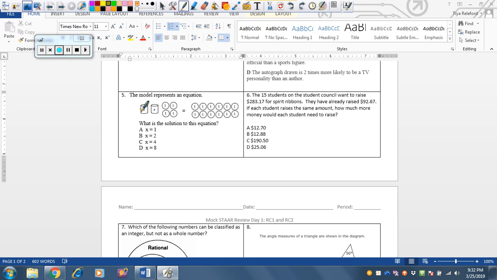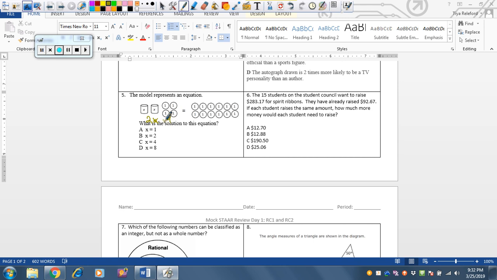Number 5 is good. First you need to write it in numbers. What do you have on this side? You have X's. How many? 2. And then you have, what are these? 4.